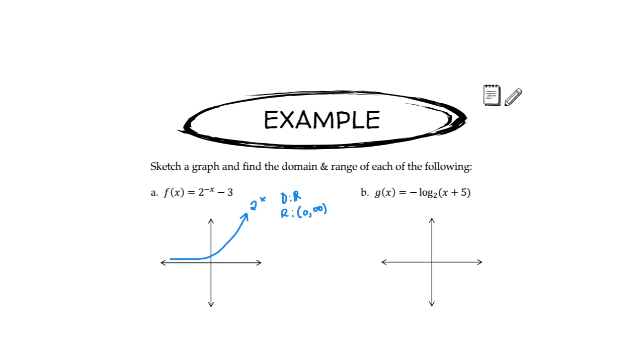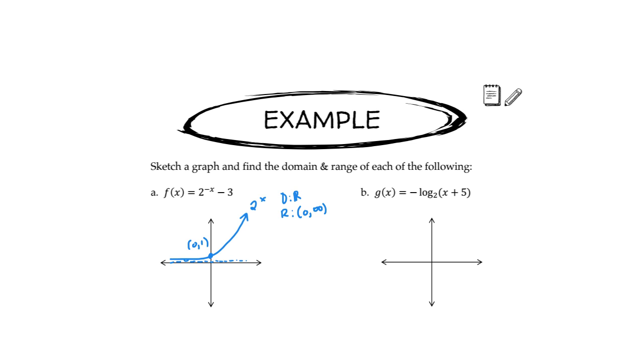It also has two other interesting features that we should keep track of. One, it goes through the point (0, 1). That's its y-intercept. And second, it has a horizontal asymptote along the x-axis. It tapers but never touches as x moves toward negative infinity.